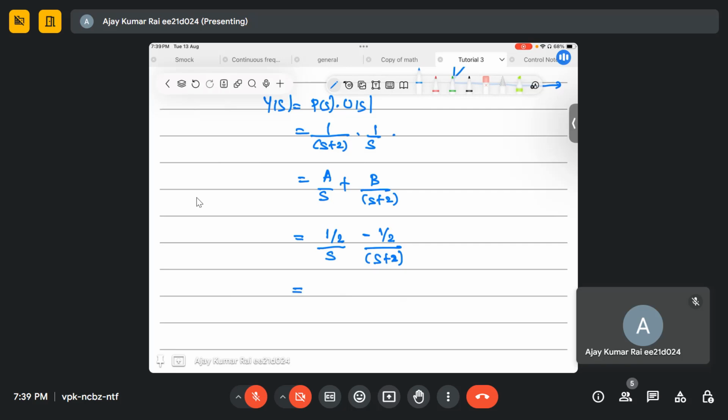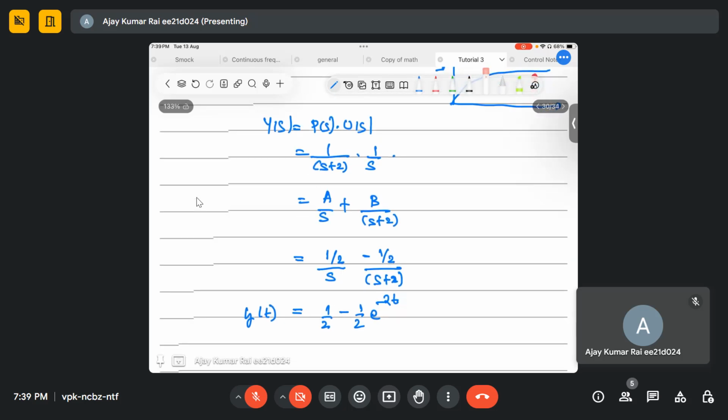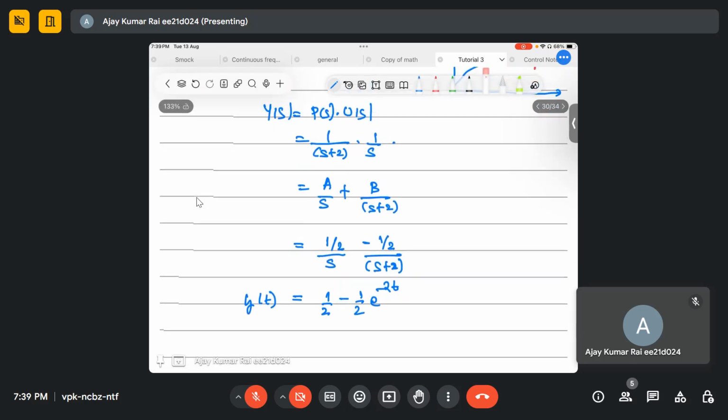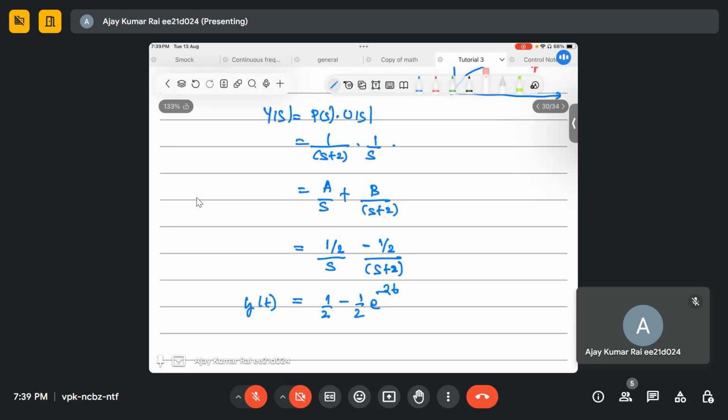Let's find the inverse Laplace. What we'll get is y of t as 1 by 2 minus 1 by 2 e raised to power minus 2t. So this is the unit step response.